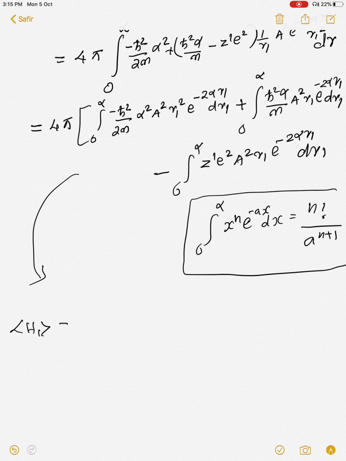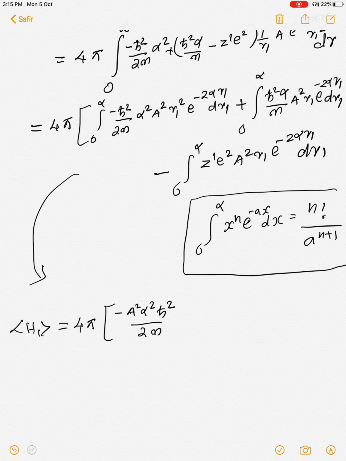H1, the left hand side, is equal to 4 pi z, and what constant terms are there? A square is there, minus a square alpha square h cut square, minus a square alpha square h cut square by 2m, and this much is constant, and the remaining term is the integration over r1 square into e power minus 2 alpha r1.